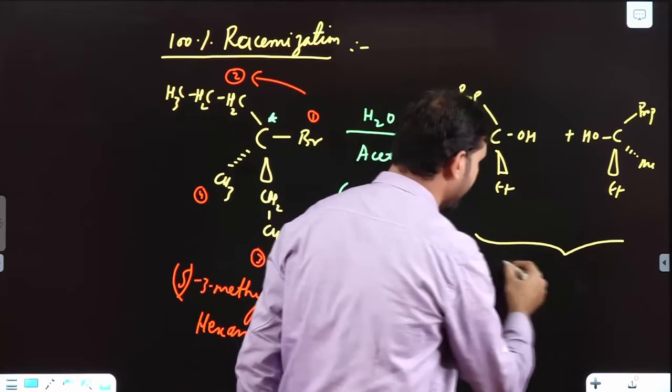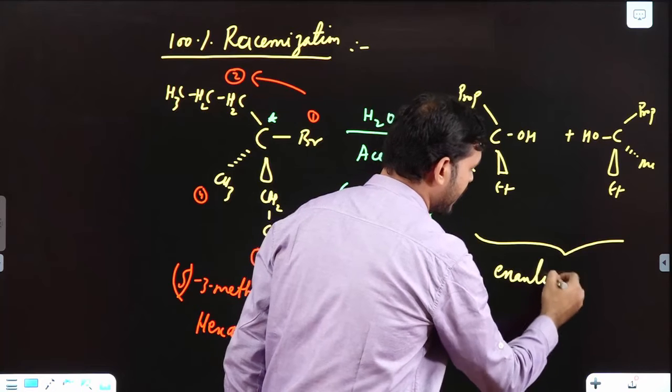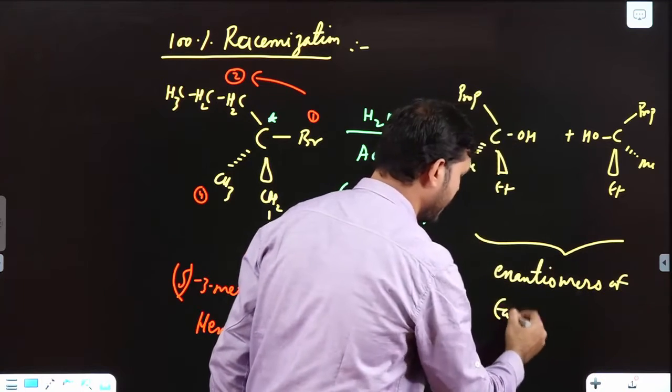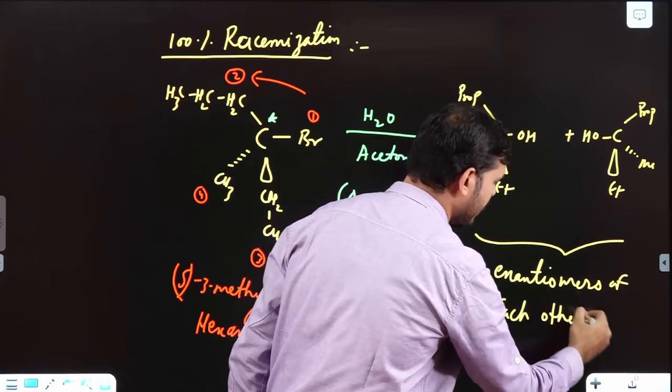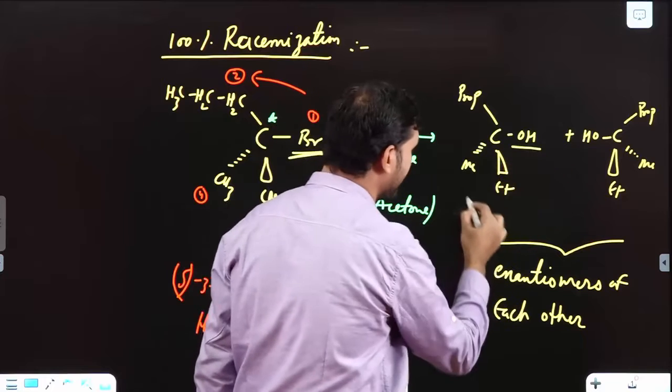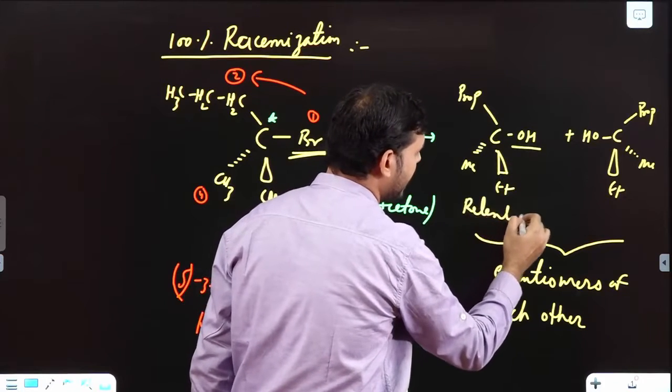So they are enantiomers of each other. This is your retention, Br and OH on the same side. So this is your retention product.